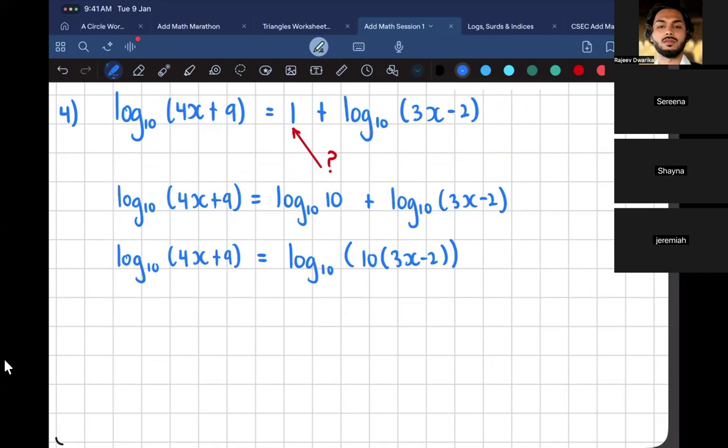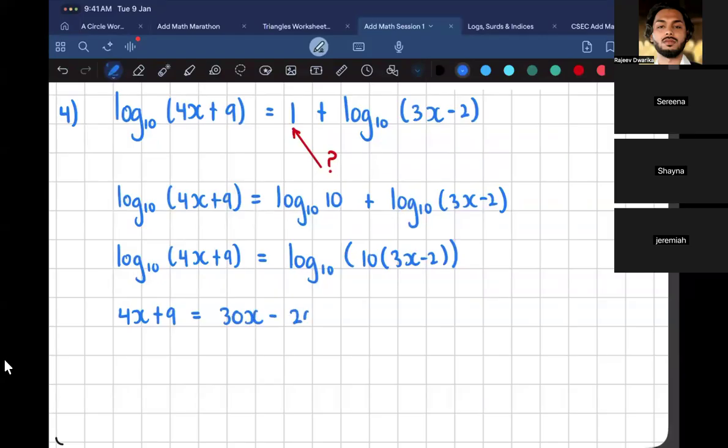So Sheena, do we have one log on either side? Yes, sir. So we could drop the logs. If I drop the logs, what would I write? 4x plus 9 equals 30x minus 20.